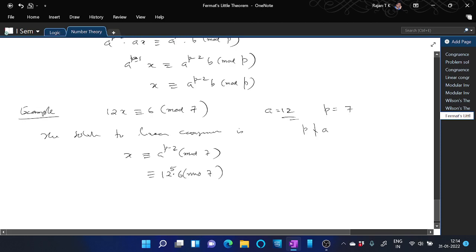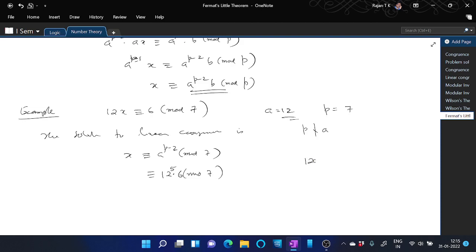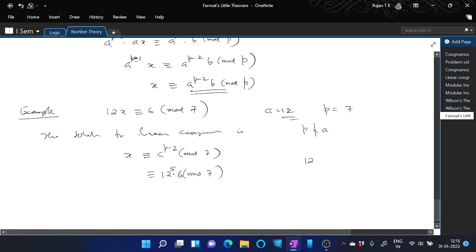Into 6, a raised to p minus 2 into b modulo p. So x is congruent to 12 raised to 5 into 6 modulo 7. Now 12 raised to 5 is congruent to 3 mod 7.